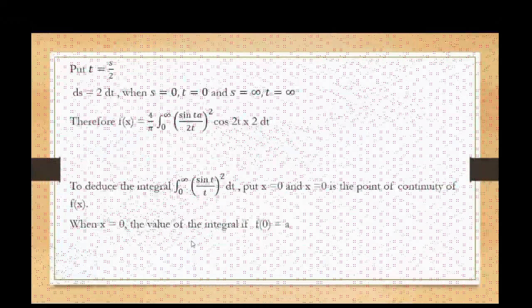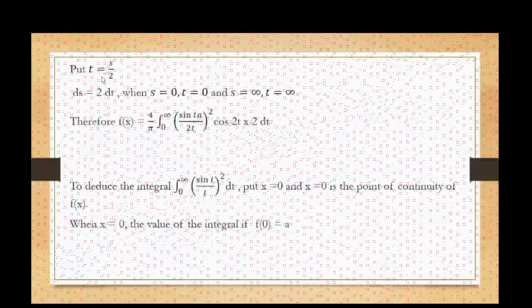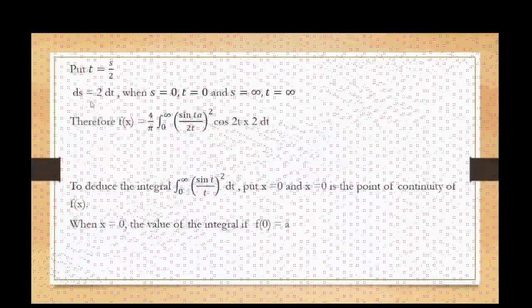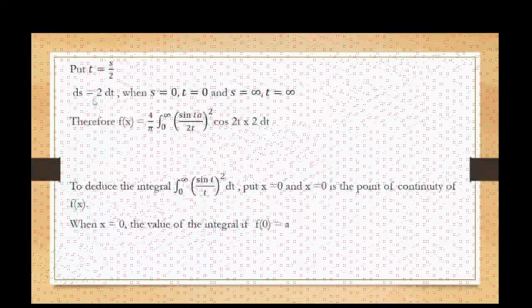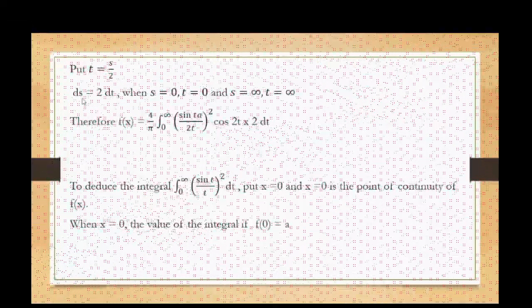Here t is replaced by s by 2, and differentiating on both sides we will get ds is equal to 2 dt. When s is 0, t is also 0, and s equal to infinity means t is also infinity.